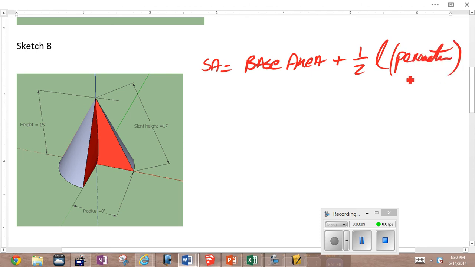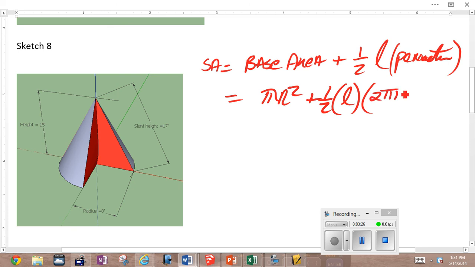I'm dealing with the base being a circle of radius r, so that's pi r squared, plus 1/2 whatever the slant height is, and the perimeter is a circumference, which is 2 pi r. So we get pi r squared, plus I can cancel that half with the 2 there, and I get pi r l.